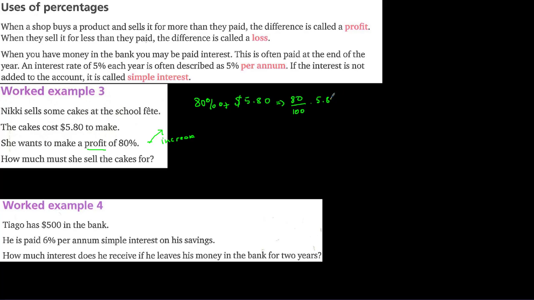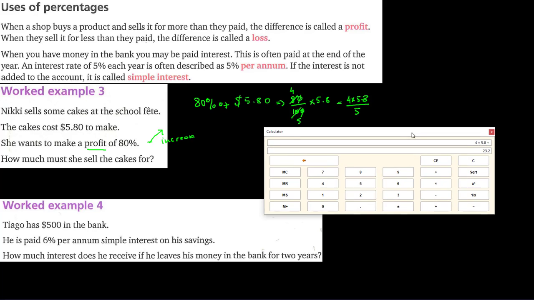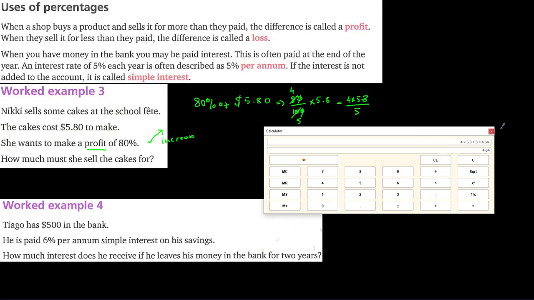Let me simplify here: 80 over 100, also, if I simplify, they are both divisible by 2, so this is going to be 4 and this is going to be 5, and 4 times 5.8 divided by 5. I'm going to do this operation by using a calculator. 4 times 5.8 divided by 5 is equal to 4.64.